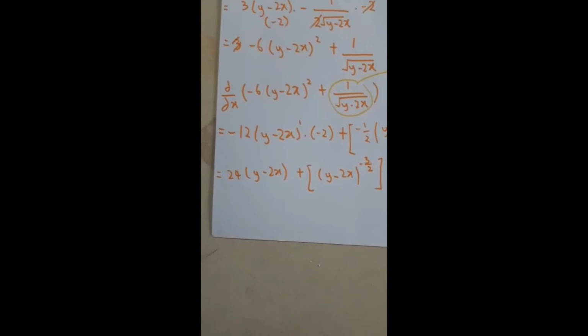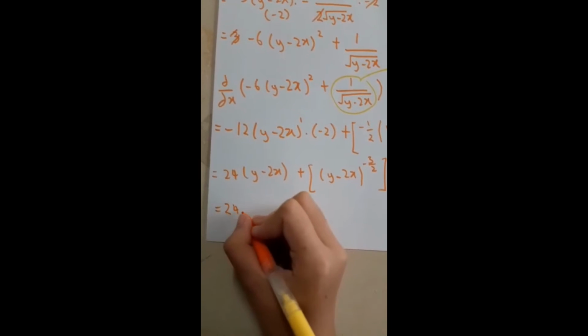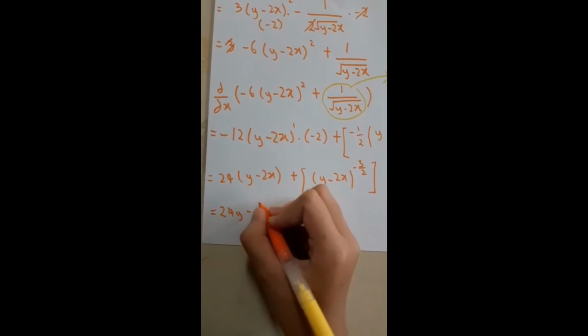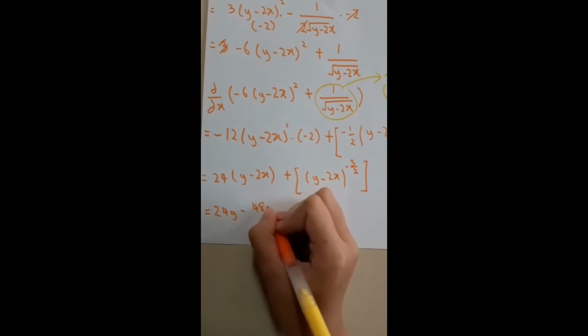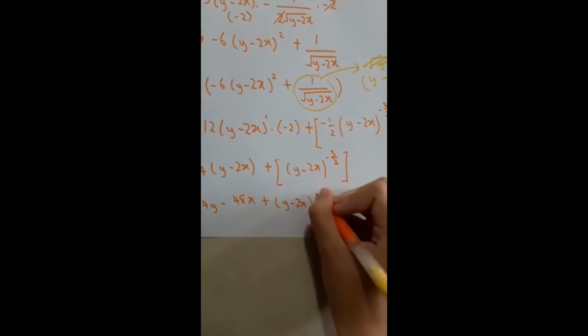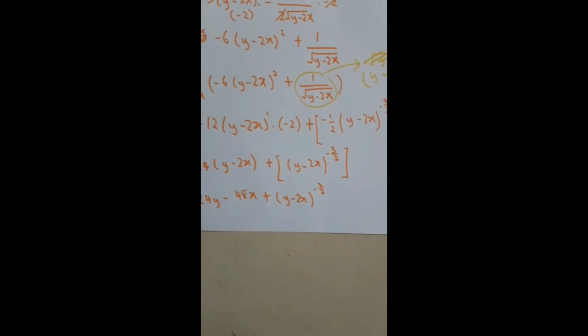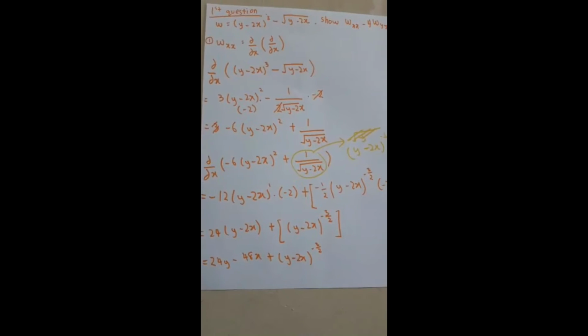Okay, so the final answer for wxx is 24y minus 48x plus (y minus 2x) to the power of negative 3 over 2. Okay, so this is for wxx.